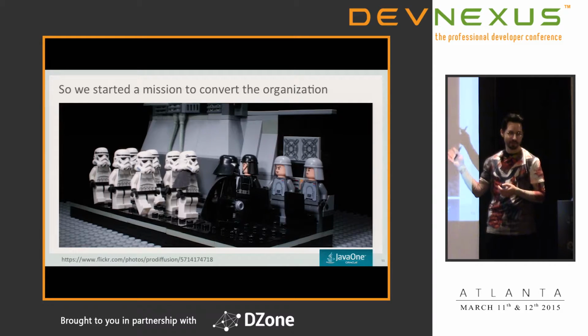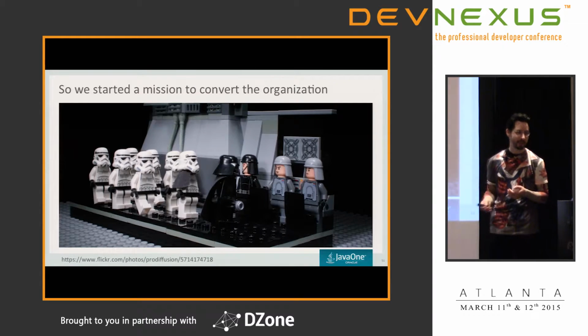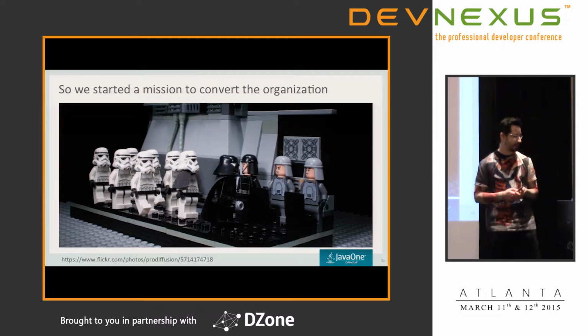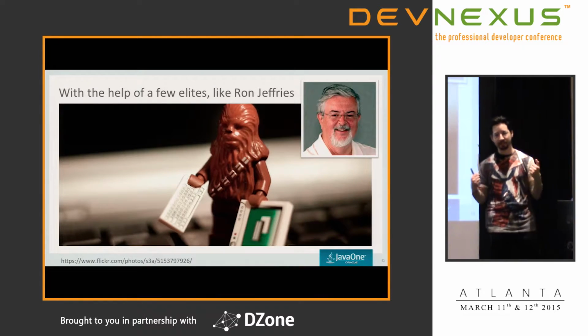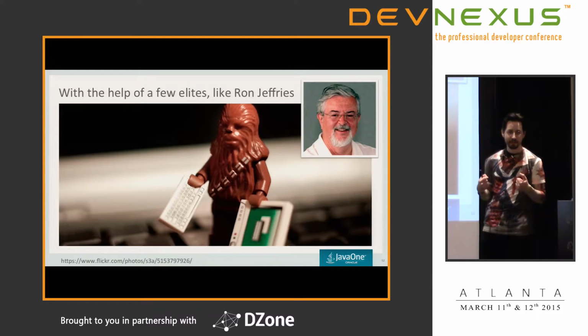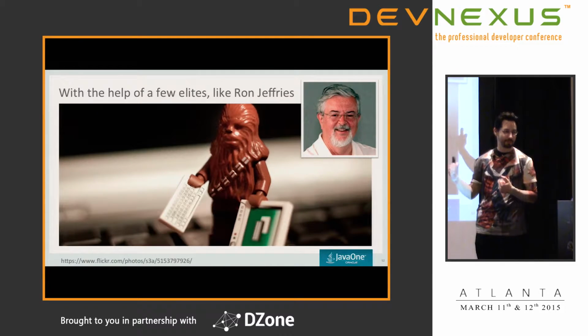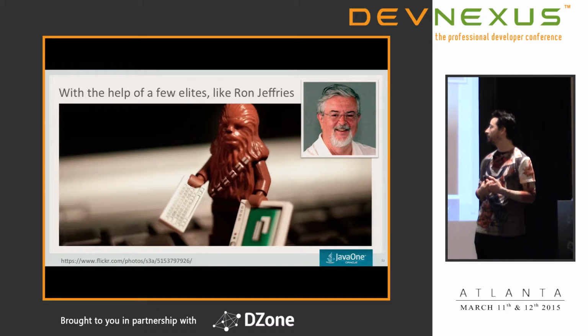At this point, I'd done extreme programming, I'd done Scrum, I'd done a little bit of Kanban, the whole 9 yards. And we got some elites to help us out. So Ron Jeffries, he's one of the XP founders.